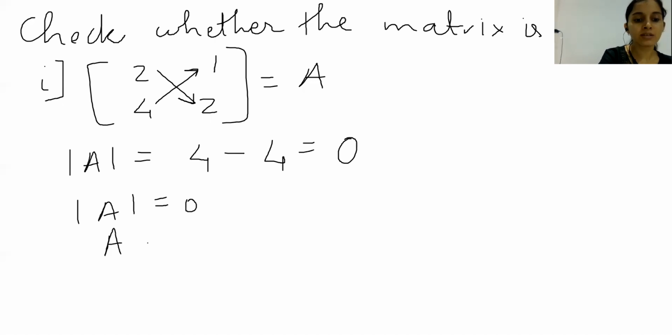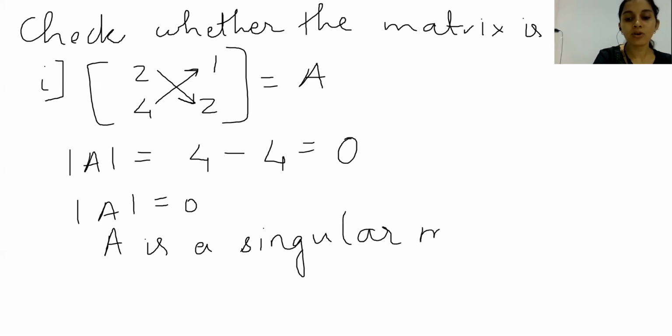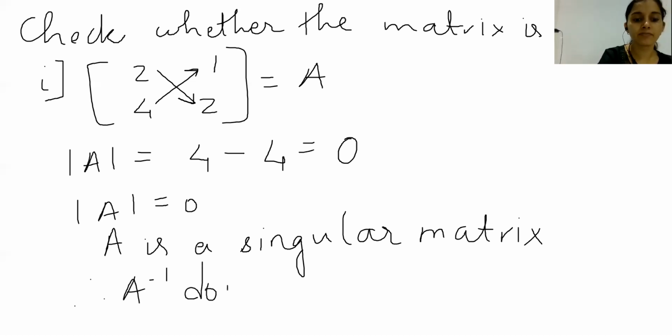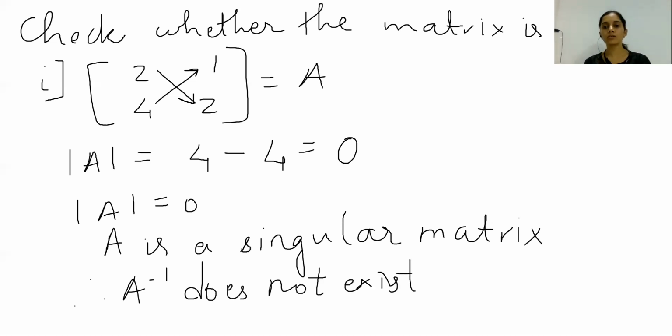That means A is a singular matrix, okay? And therefore, what do we say? Therefore, A inverse does not exist, okay? Are we clear with this? How to find out whether a matrix is invertible or not?